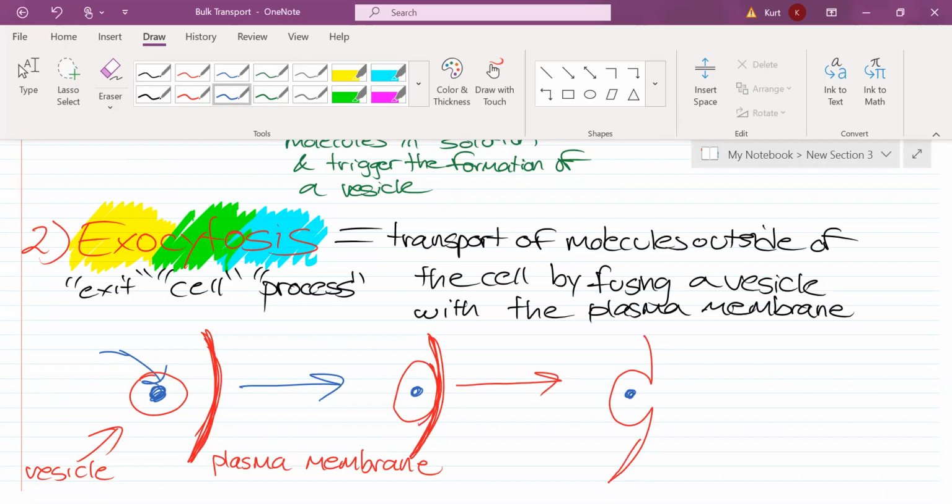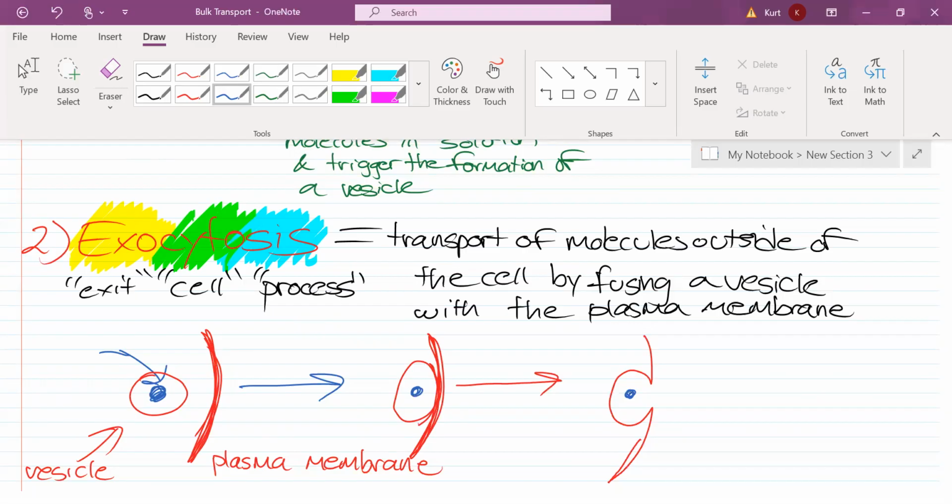So how is the membrane forming around the molecule when it's outside of the cell for endocytosis? If the molecule is here and the plasma membrane is here, what's allowing it to go through? The receptors trigger the membrane to invaginate to allow the molecule to come into the membrane to form a vesicle.